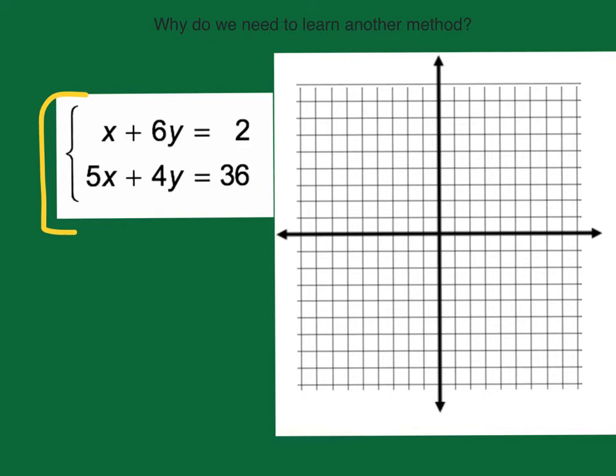And if you were to graph it, what if they ended up intersecting at some point which you weren't really sure what that point was? It wasn't clear. So solving using a different method, an algebraic method, will allow us to get our x and y coordinate a little bit easier.